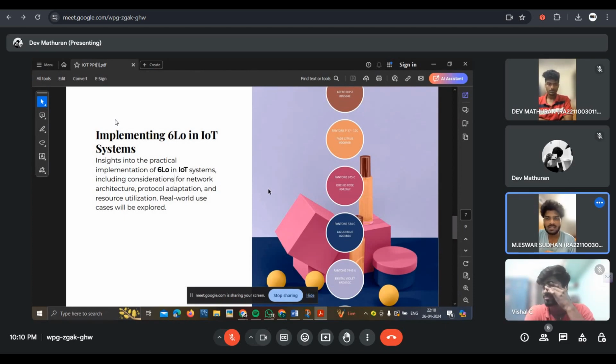And the fourth one is mesh networking. 6LoWPAN supports the formation of mesh networks, where devices can relay data to extend the coverage and improve the reliability, which is essential for IoT deployments spanning larger areas. And the last one is interoperability. By implementing 6LoWPAN, IoT devices can seamlessly communicate with other IPv6 enabled devices and services.